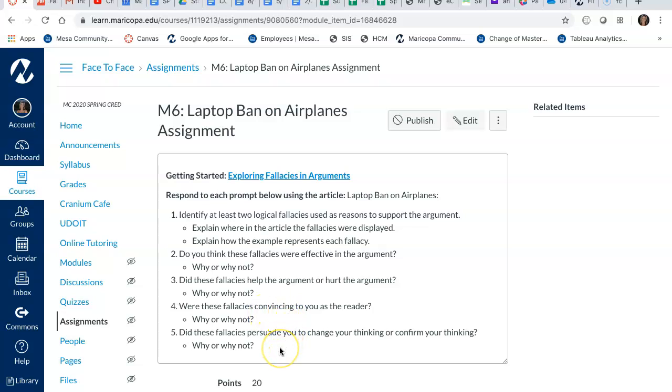And then the last question, I want to know if either one of the fallacies that you picked from question 1 persuaded you or convinced you to change your thinking in regards to laptop bans on airplanes, or did the fallacies confirm what you already thought in regards to the laptop ban on airplanes? Again, for this critical thinking piece, you need to explain your thinking for why or why not.